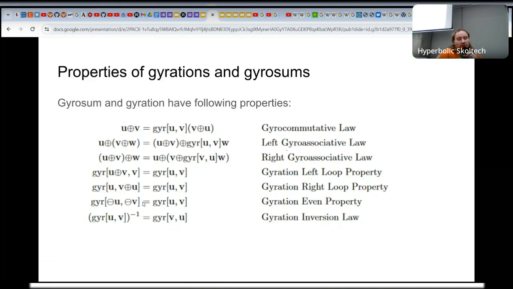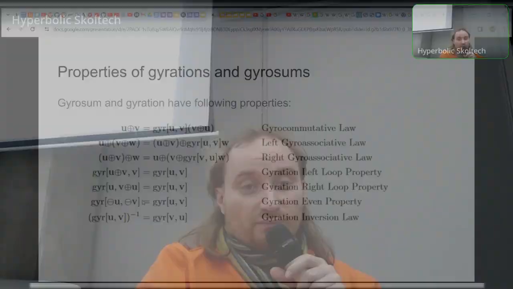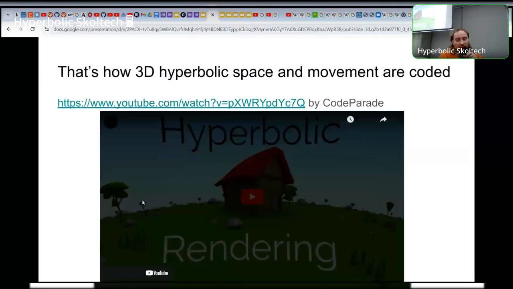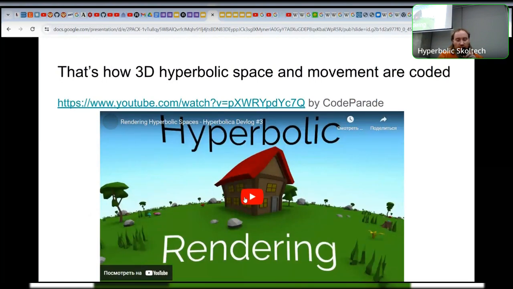You can consider it either way. And the gyrator operator of u and v is the inverse operator for the gyrator operator of v and u. Okay. So actually, let me show you this with some applicable thing.